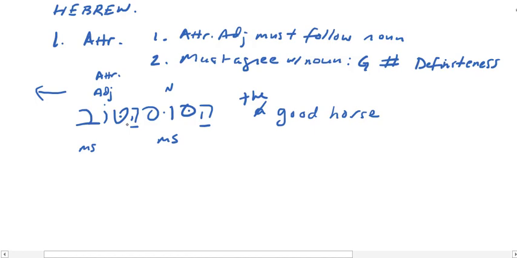So it is literally hasus hatov, the horse the good, and that means the good horse. Okay? Now, they're both masculine and singular, but they're both definite too, right? So, not a good horse, but the good horse, but they still agree in all three ways. So it is an attributive adjective, just a definite one. All right.